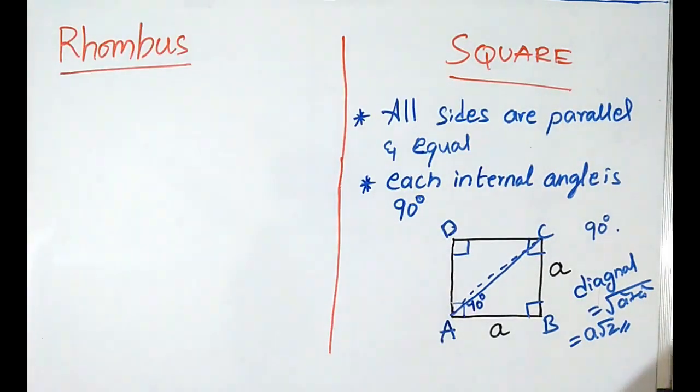We are going to see rhombus. If we see rhombus alone, we may not understand it at its fullest. So we are going to compare this rhombus with square so that we can understand clearly.